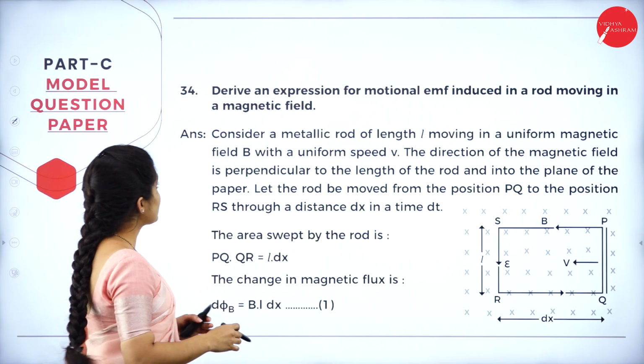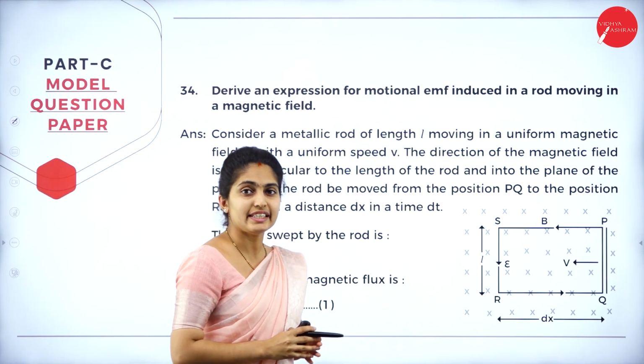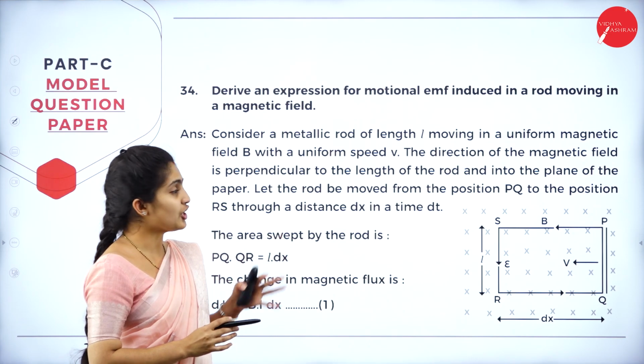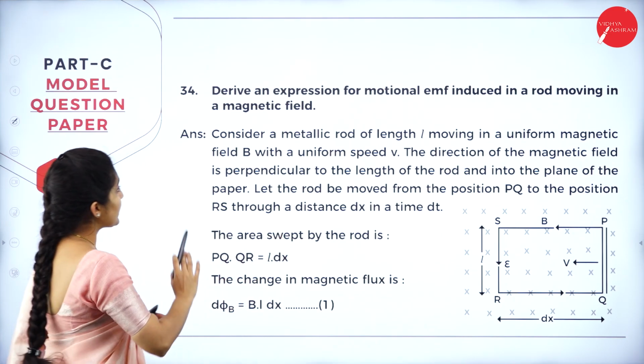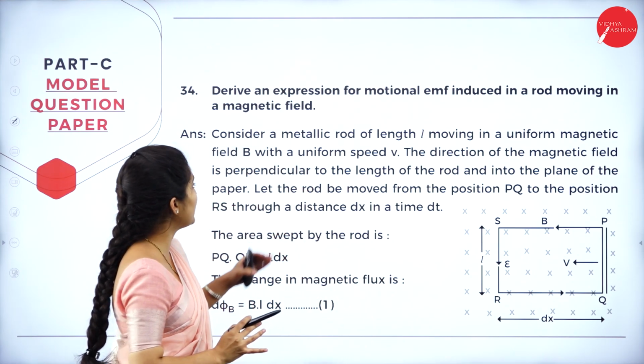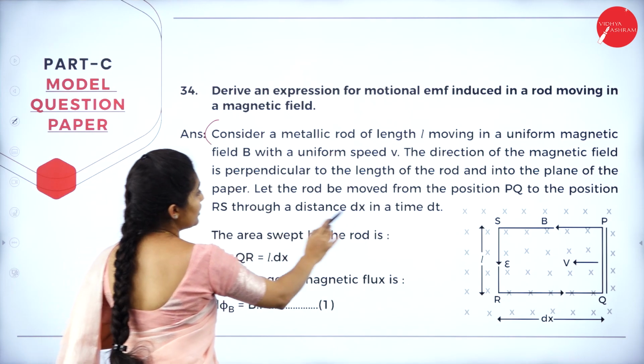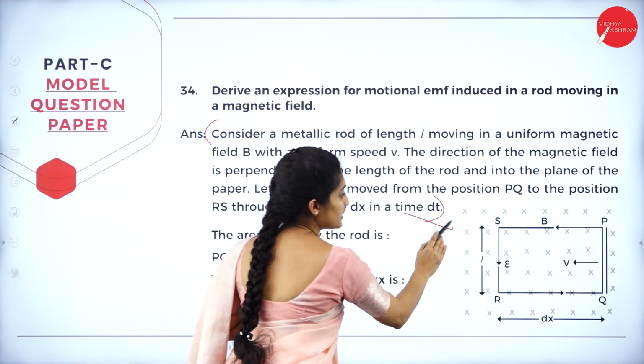Next, you have to derive an expression for motional EMF induced in a rod moving in a magnetic field. So this is a very important concept, and it's very easy also. From here till here, it's the description of this diagram.